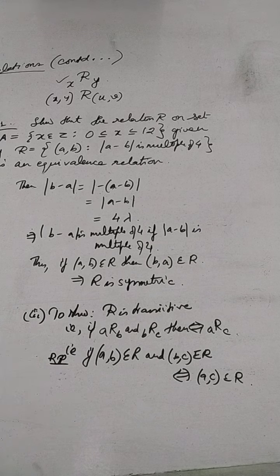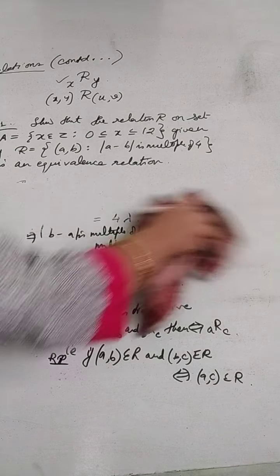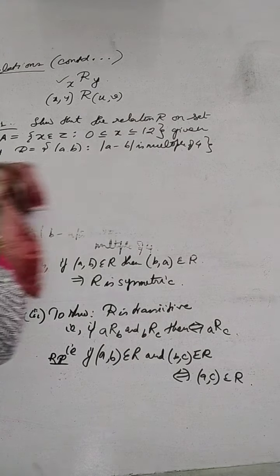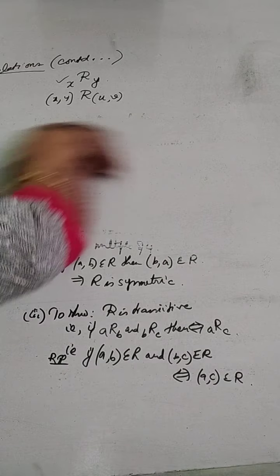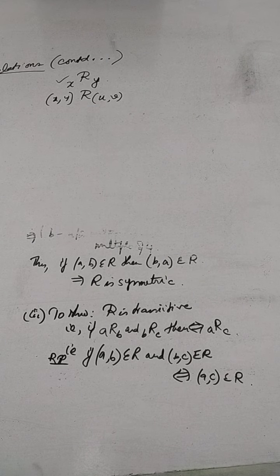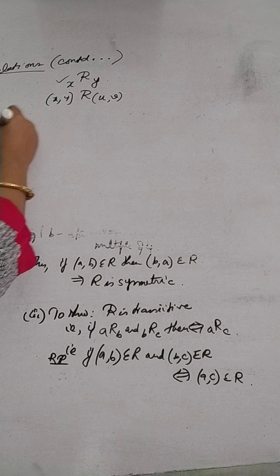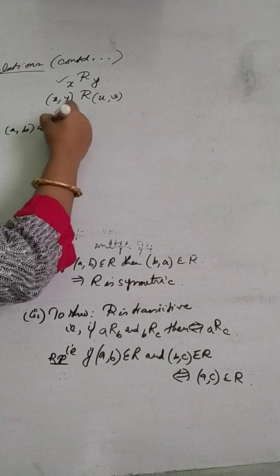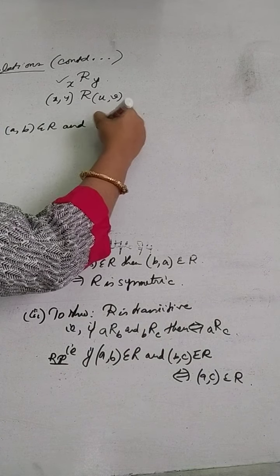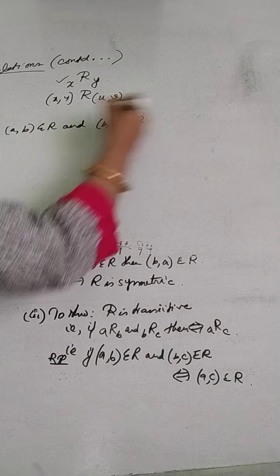So therefore, let's assume that AB belongs to R and BC belongs to R. And then what do we get? I will rub this line out as well as this. So therefore, let AB belong to R and BC belong to R. What does it mean?